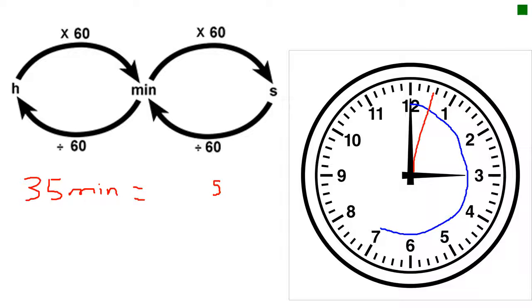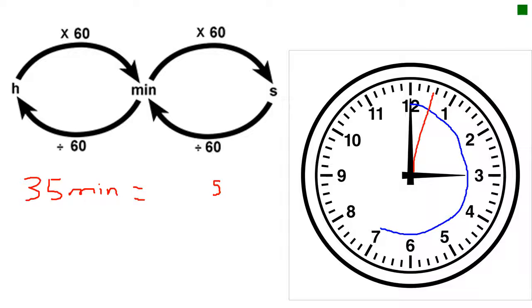So we can represent that by multiplying our minutes by 60, because it would take a full 60 seconds to get around the whole clock. But we're not going around the whole clock. So if we take 35 minutes and multiply it by 60, we will get our answer in seconds.